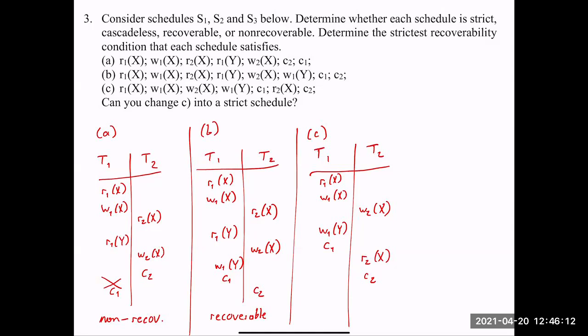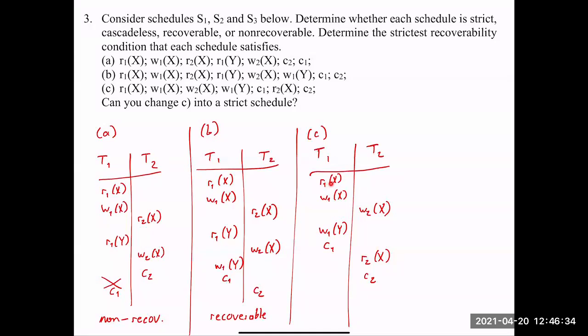Now let's move on. Let's see if it's also cascadeless. So is it cascadeless? Do we only read items that were written by already committed transactions? Well, how many reads do we have here? We only have 2, so it's easy.